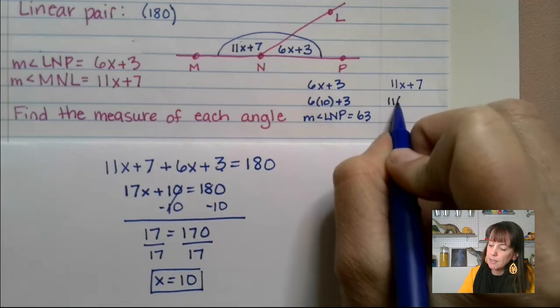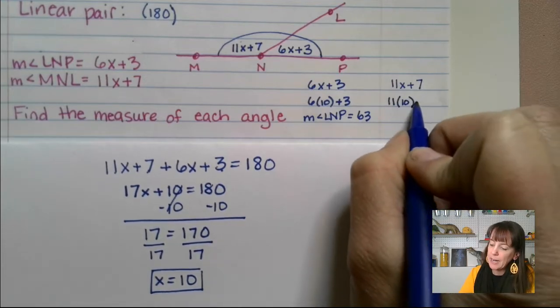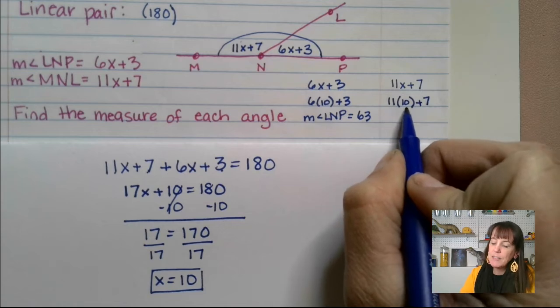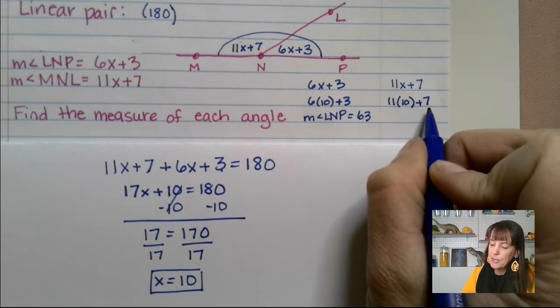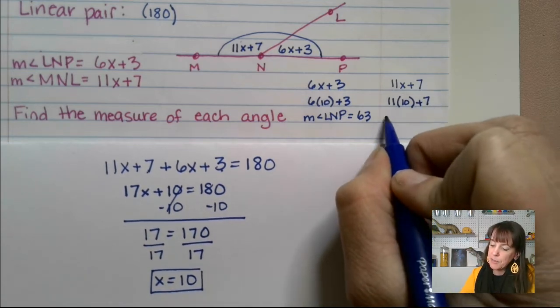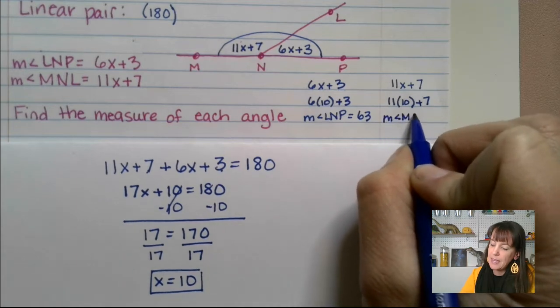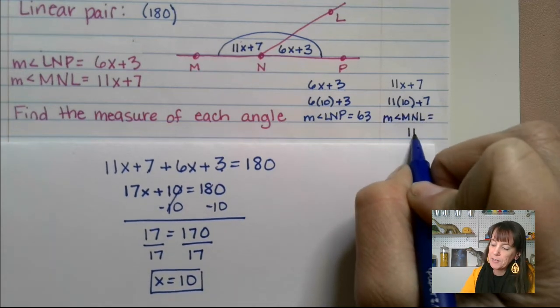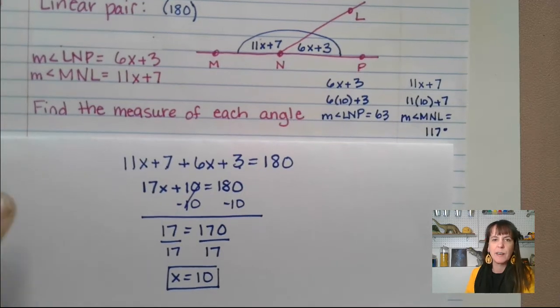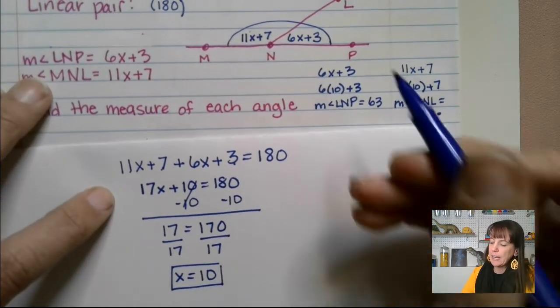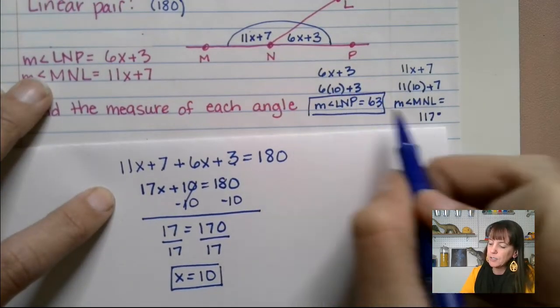So we take 11 and we substitute 10 in for x, plus 7. 11 times 10 is going to give us 110, plus 7 means that the measure of angle MNL equals 117 degrees. Sorry, I squished that in there. So we found the measure of each angle. Those would be considered our answers.